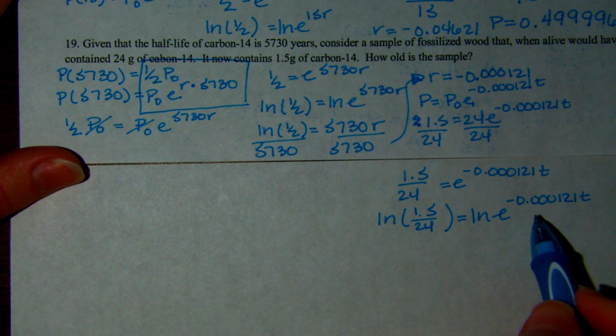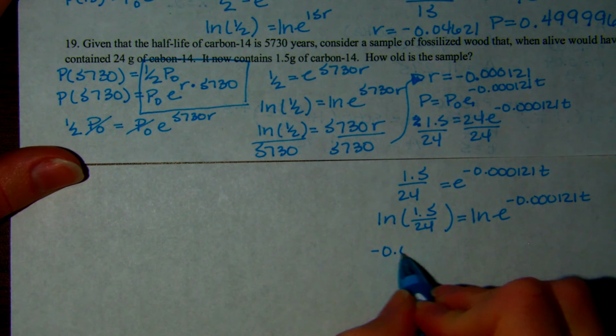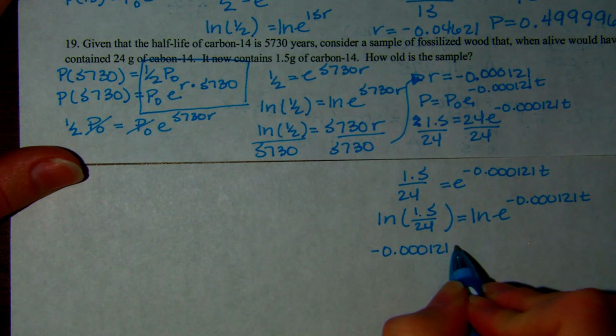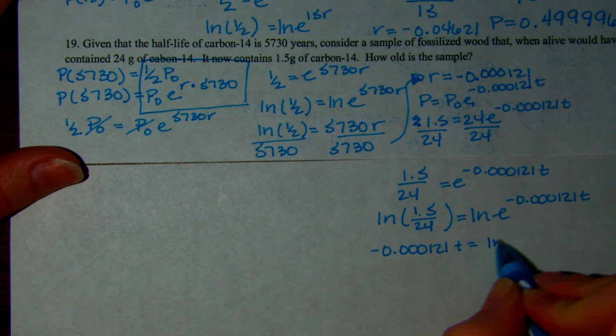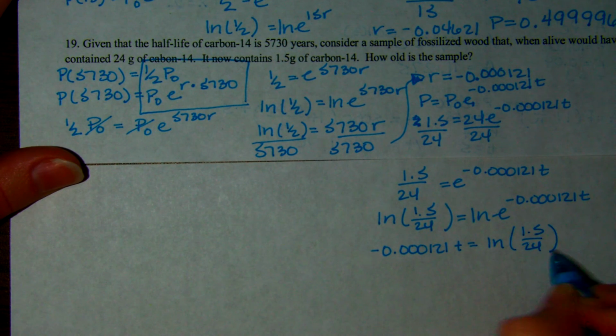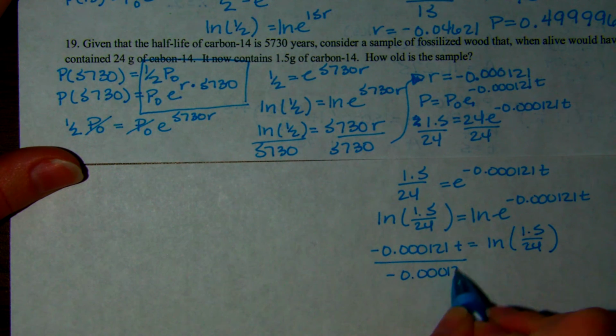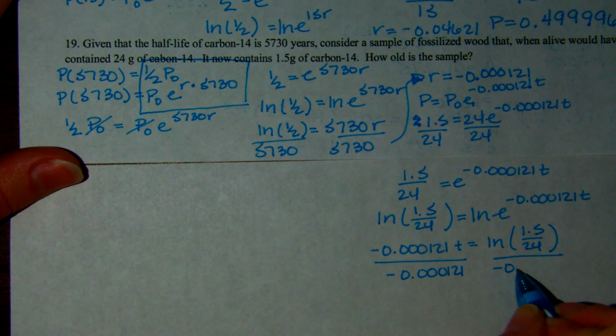When you take the natural log of this side, this just comes down, so it's negative 0.000121 t is equal to the natural log of 1.5 over 24. To solve for t, divide by negative 0.000121.